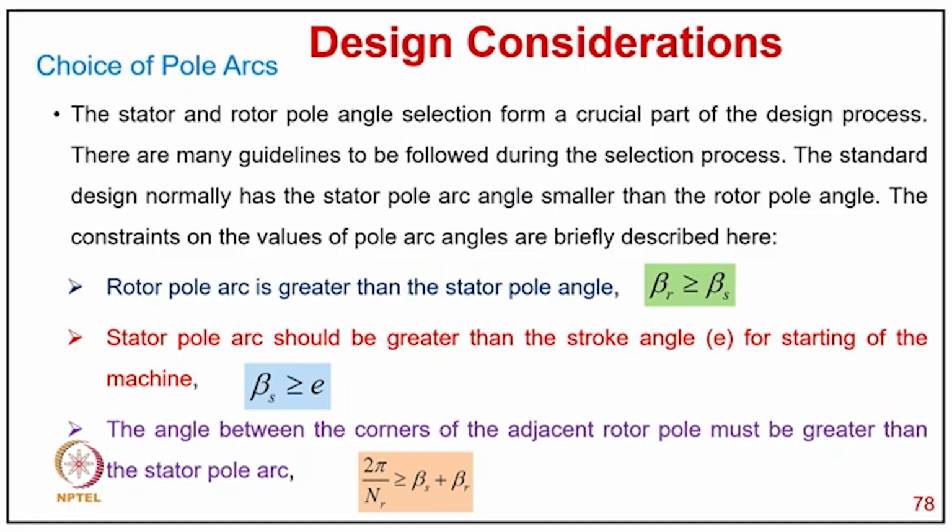The rotor pole arc is greater than the stator pole arc, that is beta r greater than beta s. The stator pole arc should be greater than the stroke angle for starting the machine, so beta s should be greater than the stroke angle, and the angle between the corners of the adjacent poles must be greater than the stator pole arc. So 2 pi upon Nr should be greater than beta s plus beta r.